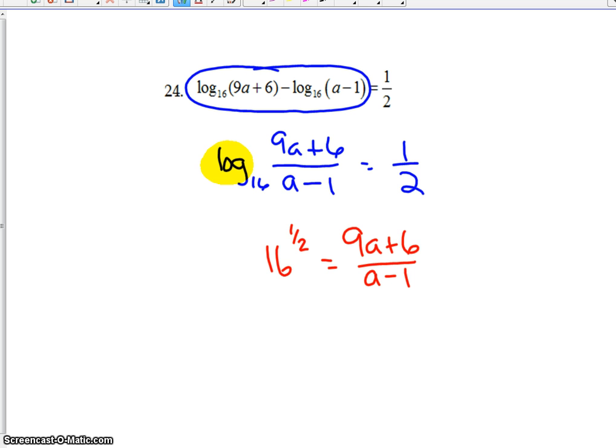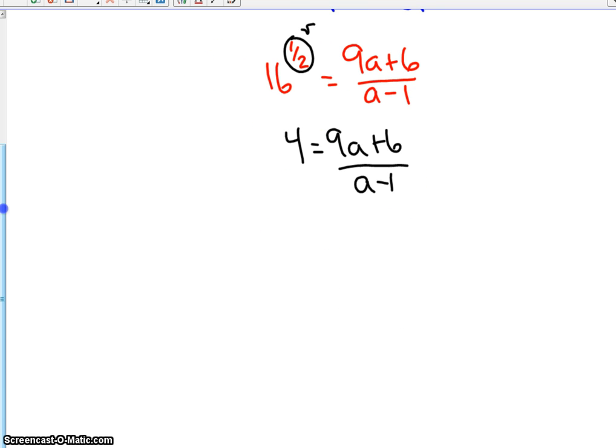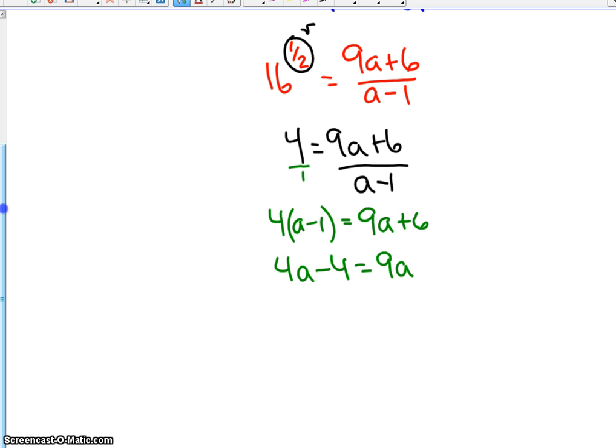Now remember, anything to the 1/2 power is just like doing the square root, so the square root of 16. And again, I'm going to have cross products here, which you have to be careful of. Make sure you're taking 4 times that whole denominator. So maybe write it in parentheses first before you distribute, so we make sure we get that -1 times 4.